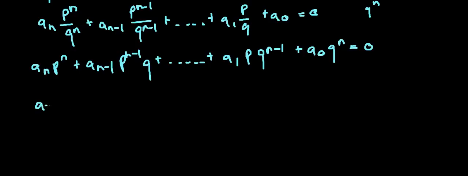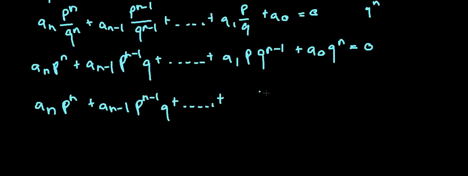So we subtract a_0 q to the n over to the other side, so it's a_n p to the n plus a_(n-1) p to the n minus 1 q plus ... plus a_1 p q to the n minus 1 is equal to negative a_0 q to the n.